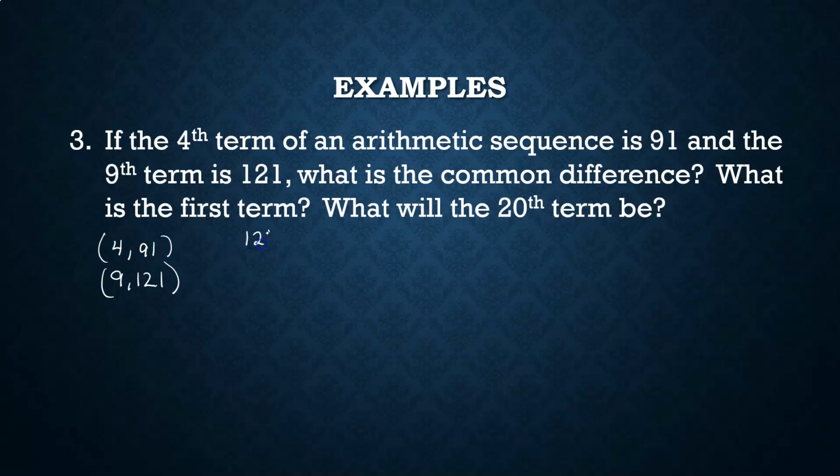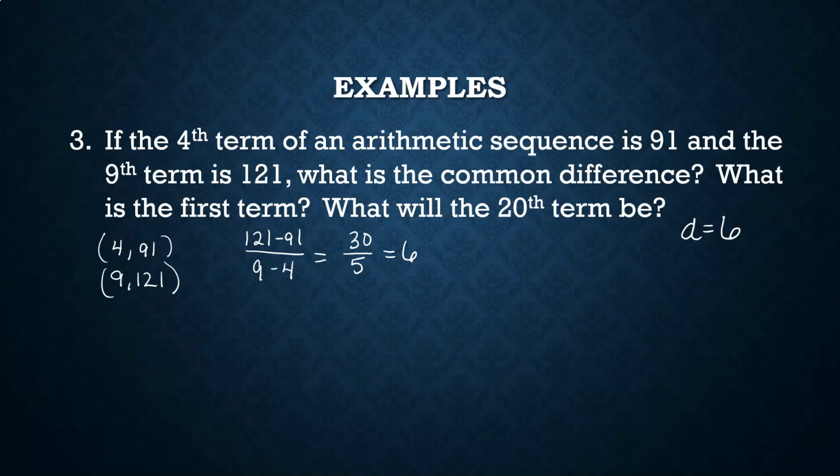Let's take 121 minus 91 over 9 minus 4, and that will give us 30 over 5, and that's 6. So that is our common difference. So D equals 6.